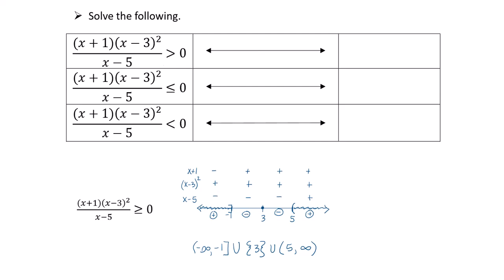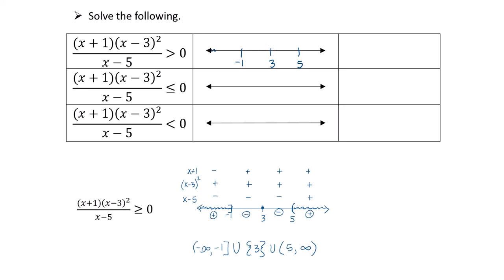Well, we would not include the boundaries that cause it to be 0, which would be the negative 1 and the 3. And we could not include the 5 anyway because that causes it to be undefined.